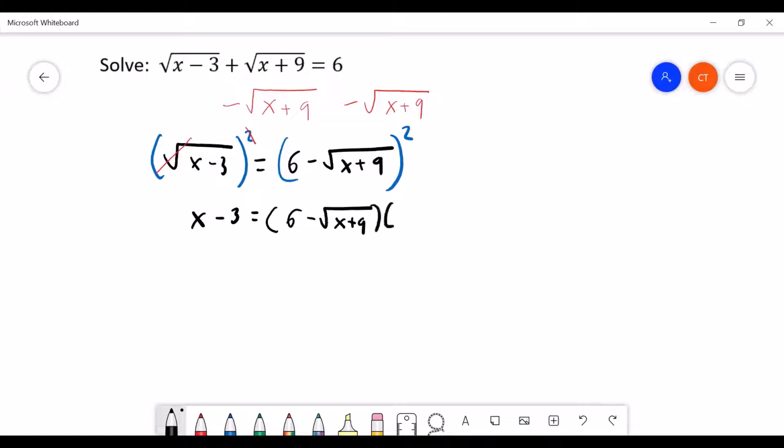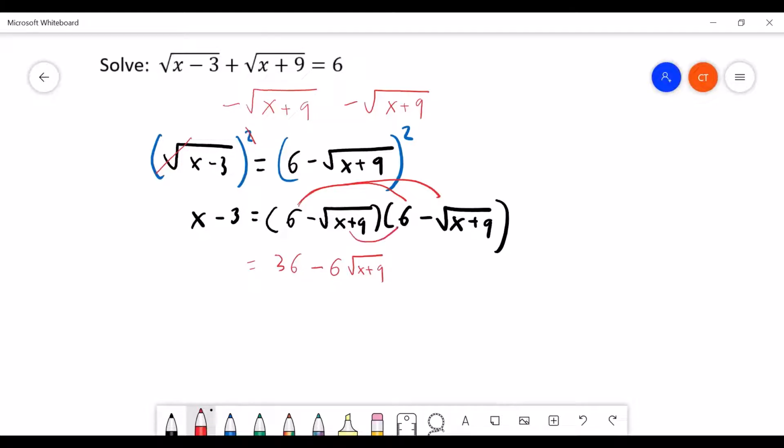And now we will need to multiply 6 minus the square root of x plus 9 by itself, or distribute, use FOIL. To use FOIL here, I'm going to take the first thing in each binomial and multiply them. 6 times 6 is 36. Then take the outside or outer terms and multiply them. A positive 6 times a negative square root of x plus 9 is a negative 6 square root of x plus 9.